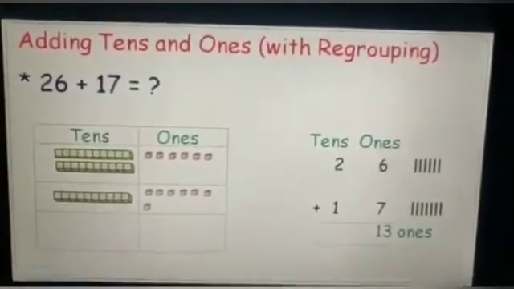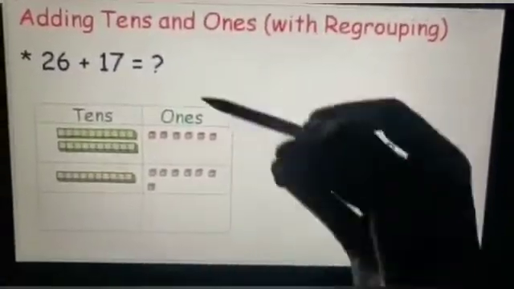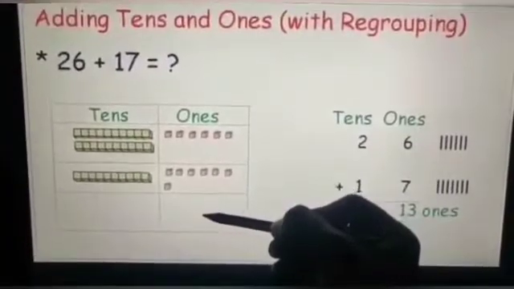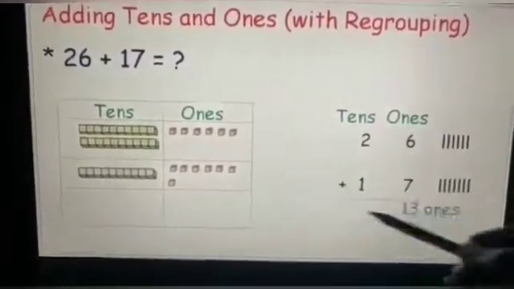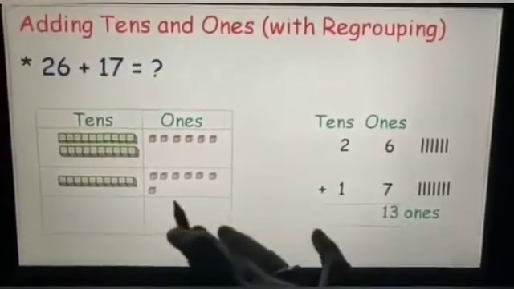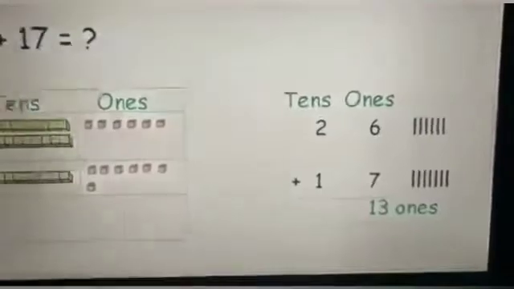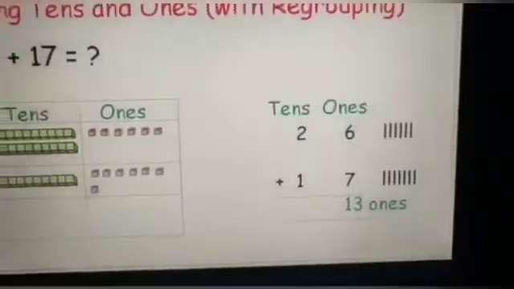But in the last session, I told you one rule: we can only write one digit in one place. One digit in one place. So can I write 13 in one place? No, because it's a 2-digit number. So now what are we going to do?